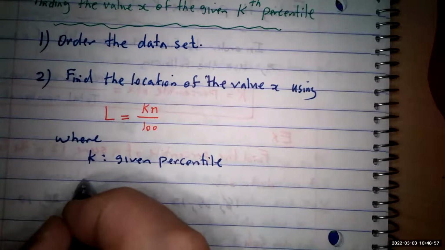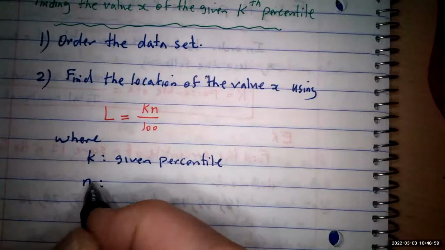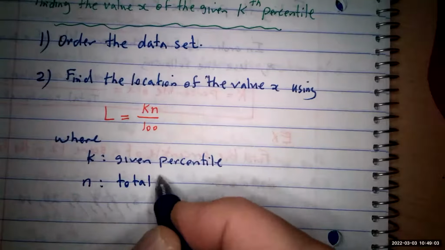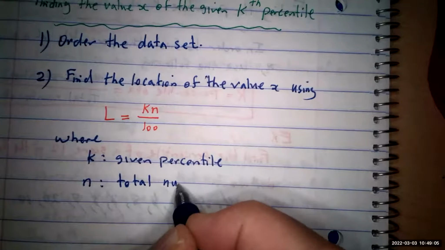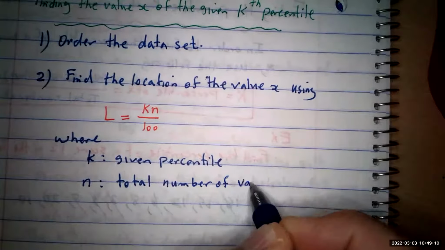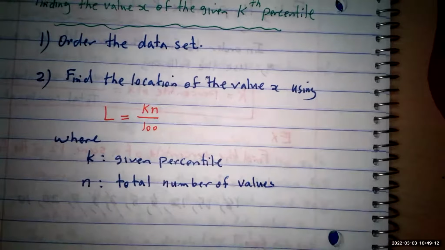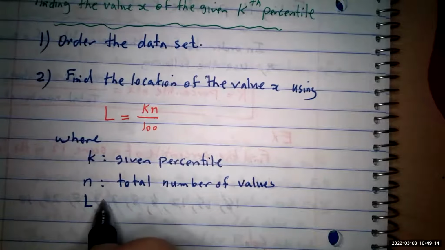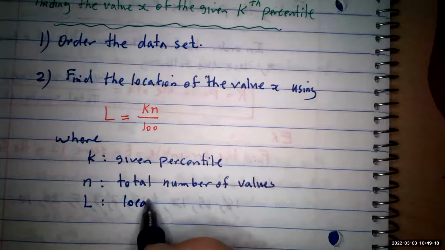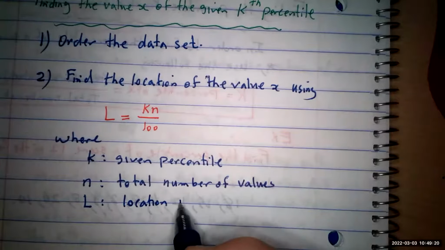N is the total number of observations or values. Again, you are going to have it, and you have to find the L. L is going to be the location number.